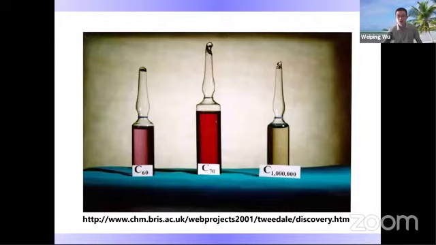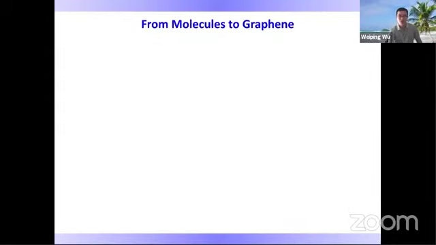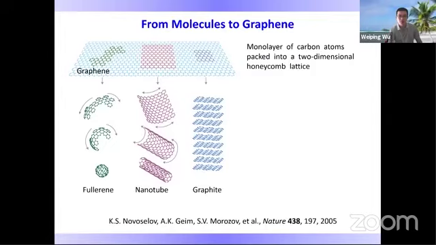But about 20 years ago, nobody had thought about this graphene structure, until the Manchester Nobel Prize winners' group isolated graphene by a very simple method, using Scotch tape and graphite single crystal, a material similar to that used to produce pencil leads. This single-layer graphene is important for several reasons.